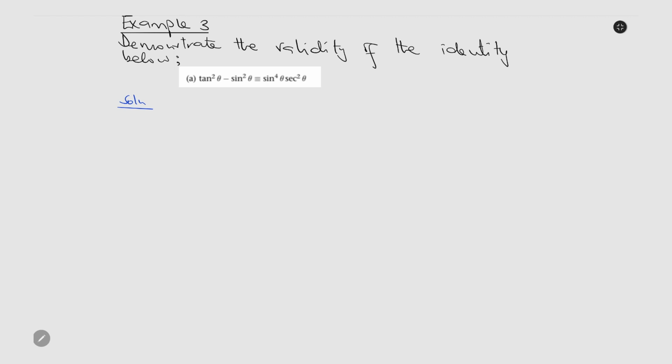I know that tan squared theta is the same as sine squared theta over cos squared theta. So why am I doing that? Because I can see on the right hand side there's a sine there, there's a sec there. A sec means there's a 1 over cos somewhere.